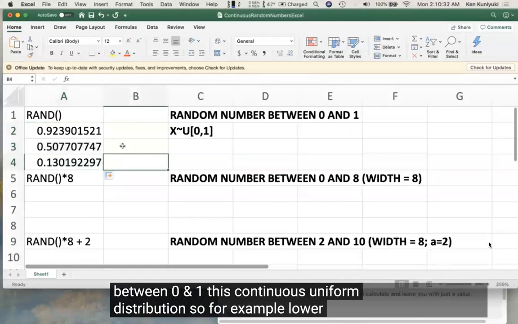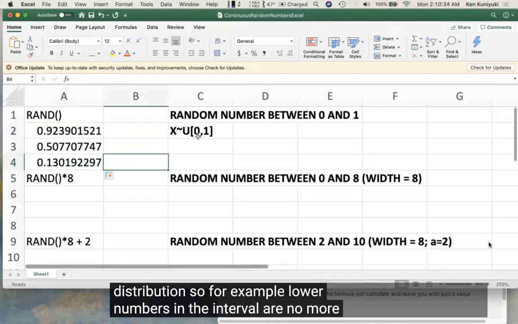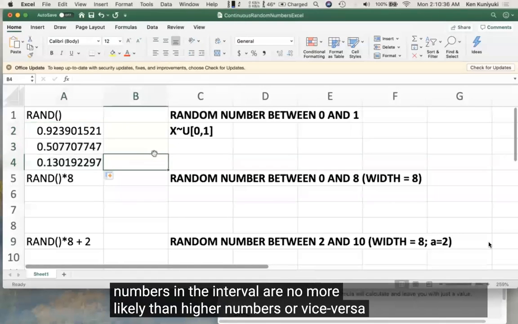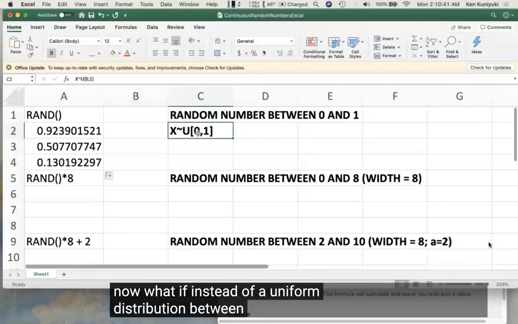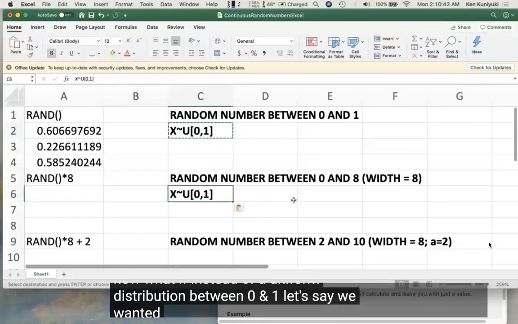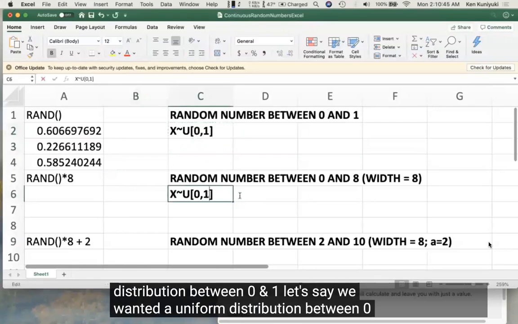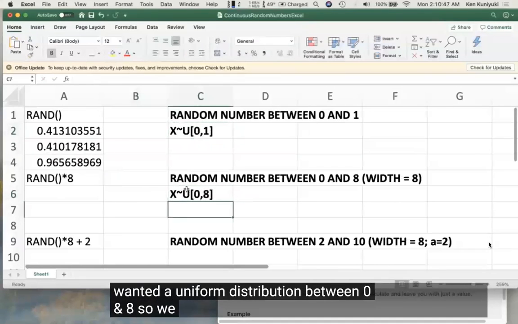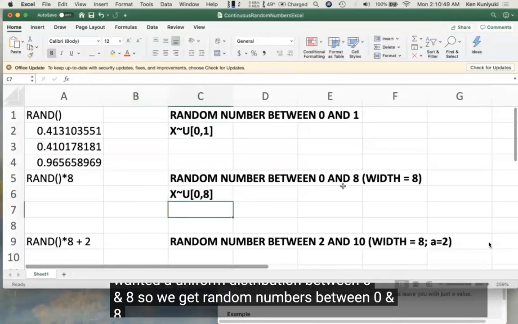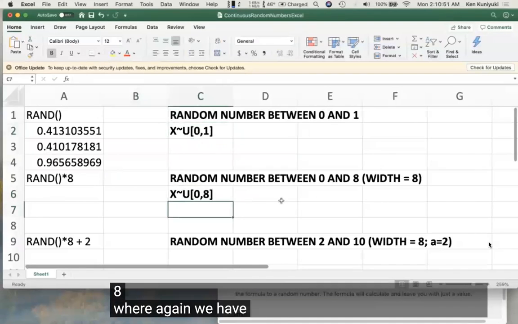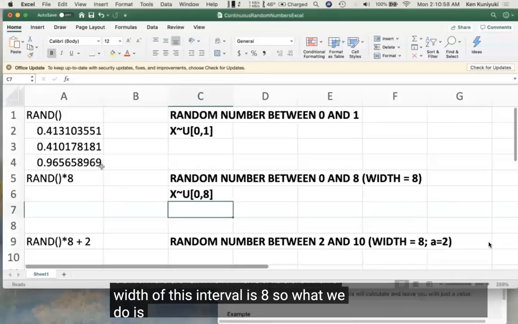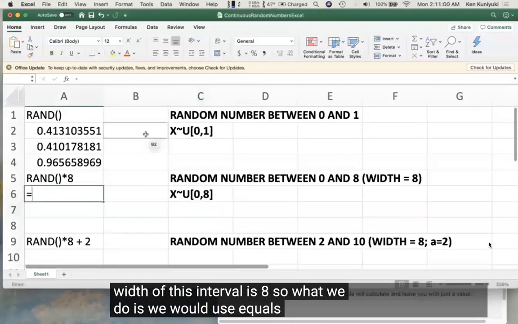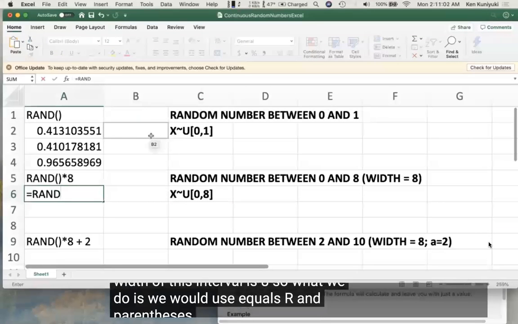So for example, lower numbers in the interval are no more likely than higher numbers, or vice versa. Now, what if instead of a uniform distribution between 0 and 1, let's say we wanted a uniform distribution between 0 and 8. So we get random numbers between 0 and 8. Again, we have a flat top. It's a continuous uniform distribution. The width of this interval is 8. So what we do is we would use equals rand, parentheses.